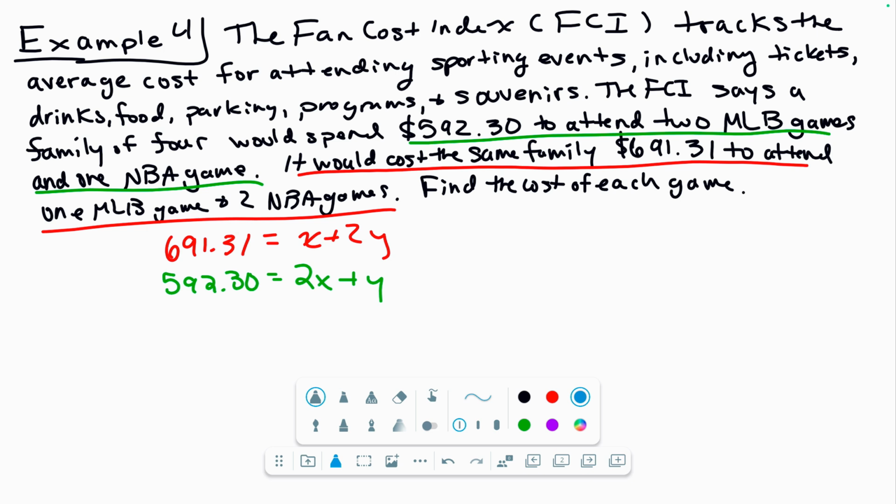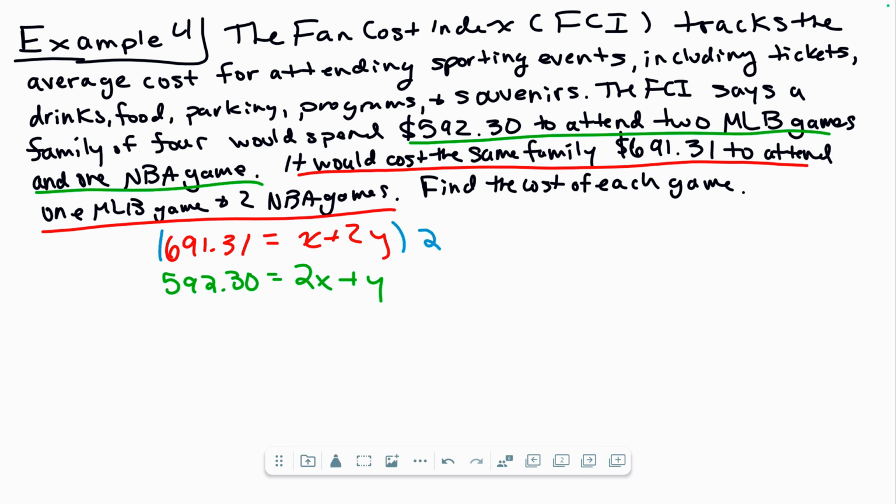Cool. So what am I going to multiply that first one by? 2. Good. So I will have 2x plus 4y will equal 691.31 times 2, which is 1,382.62.